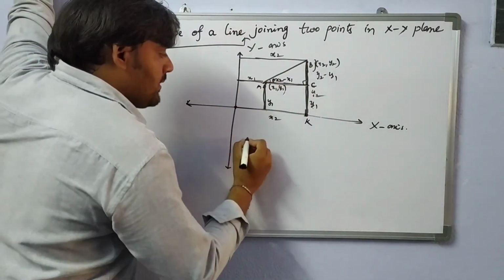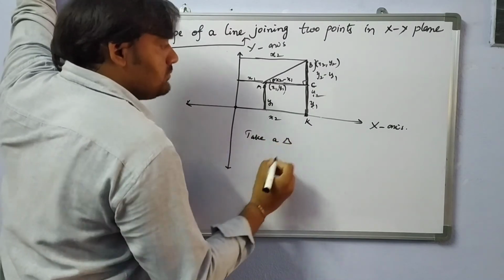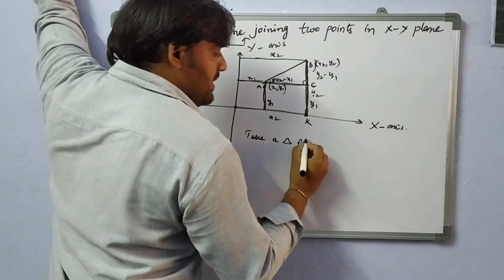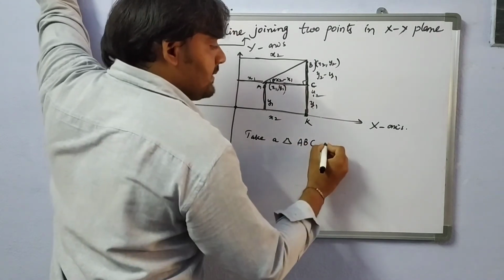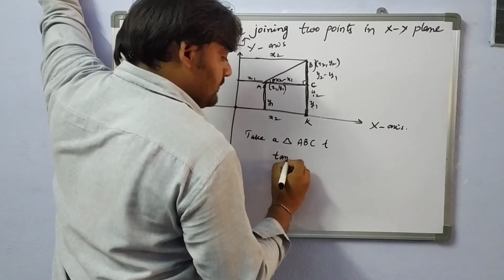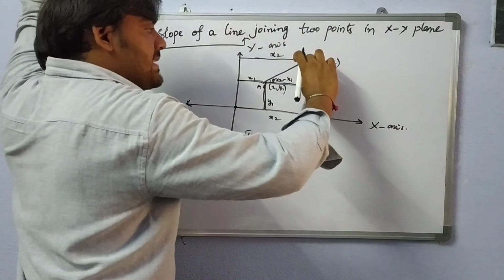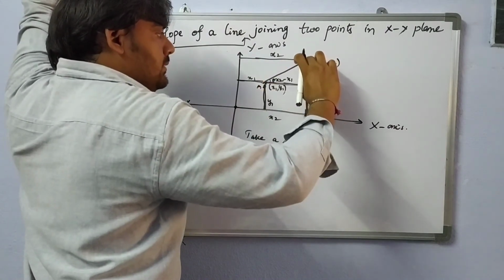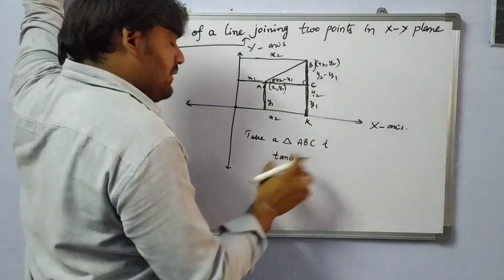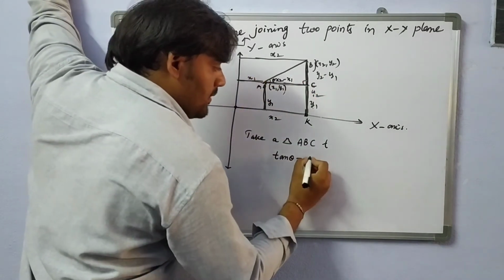If you observe the triangle ABC, tan theta is nothing but the opposite side to theta, that is BC, divided by the adjacent side of theta, that is AC.